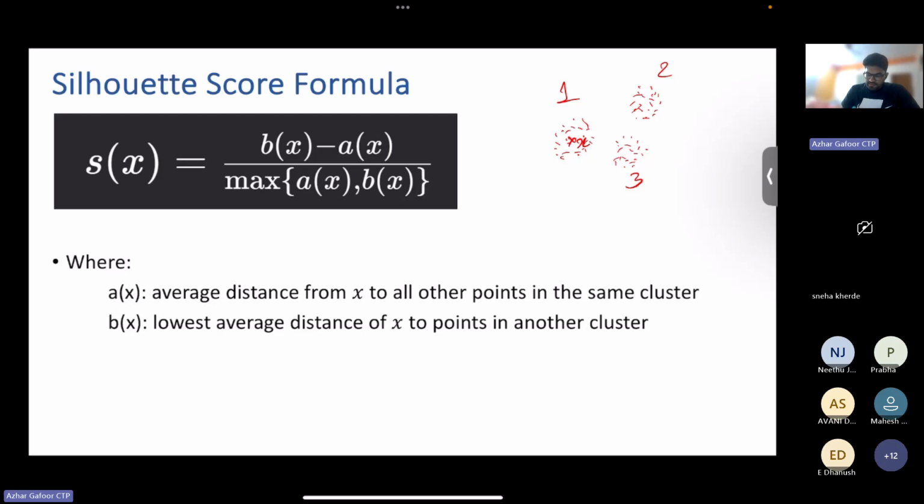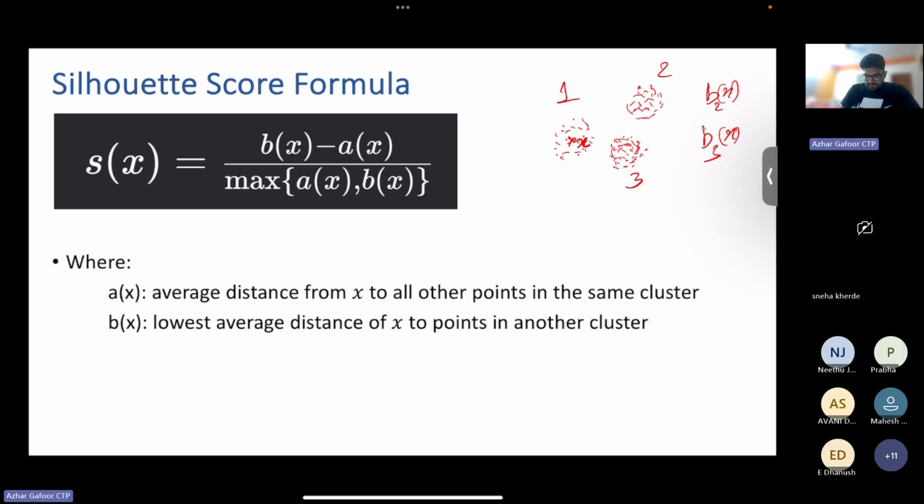And so we have a of x, then b of x is the lowest average distance of x to points in another cluster. Here we have two other clusters, 2 and 3. First we have to find the distance between x and all points from 2 and take the average, so we have b of x with respect to 2, then b of x with respect to 3, the average distance of x to the class 3 points.